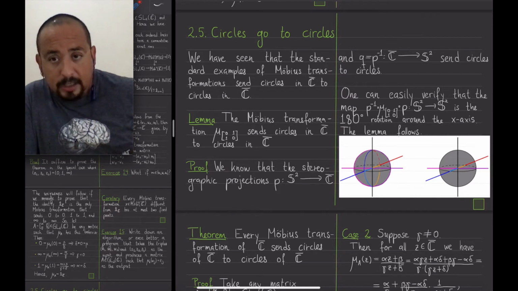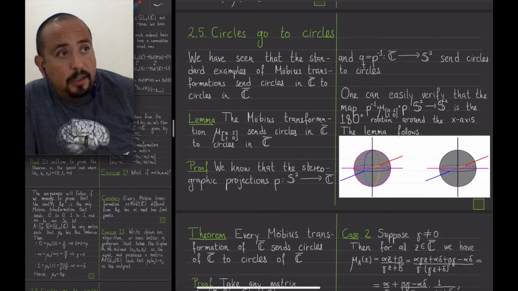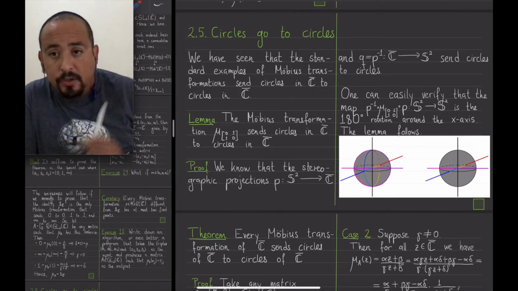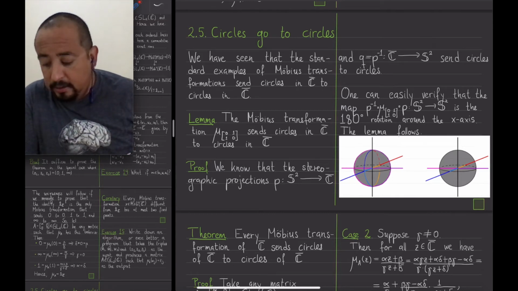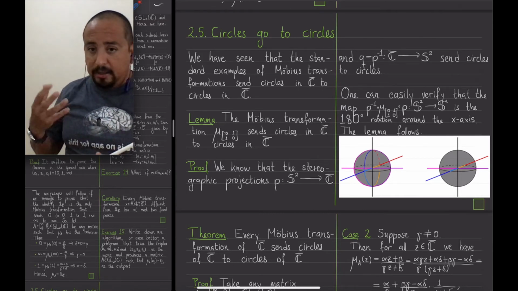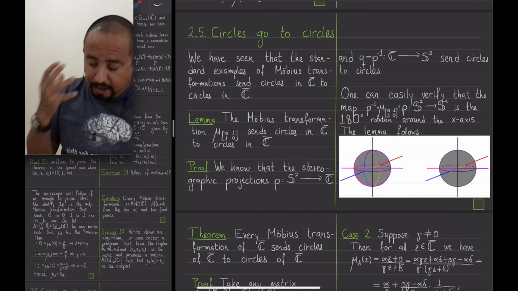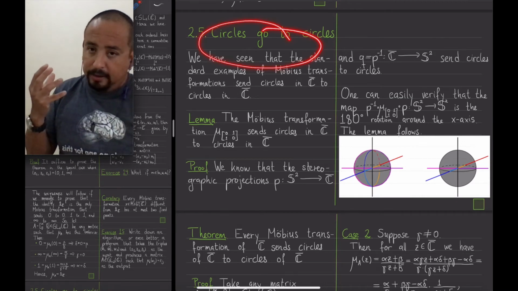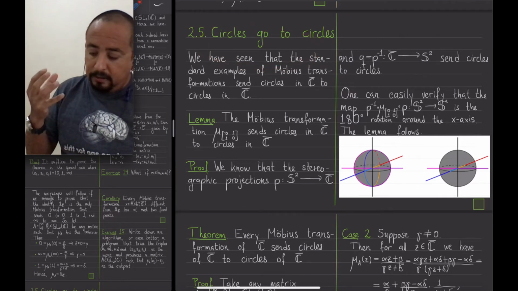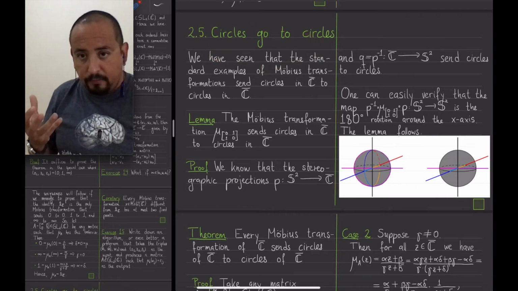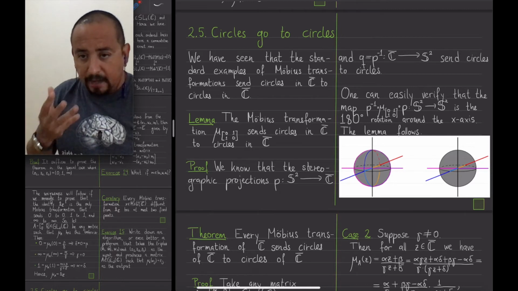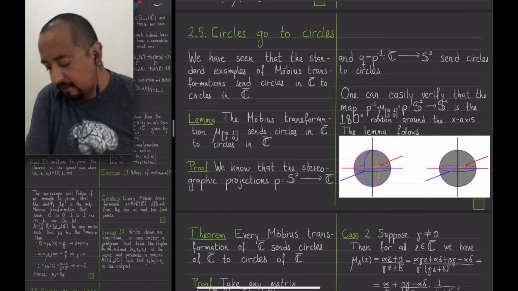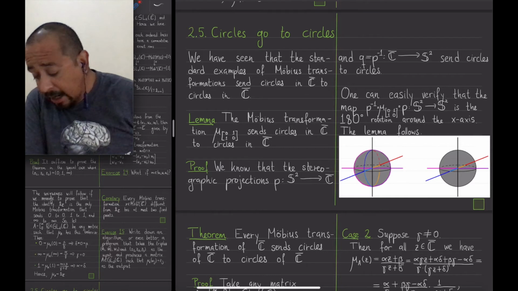It is a fun game that I think is very instructive to play, even if you reach nowhere, even if you don't get anywhere with it. But I think playing the game, trying to prove this, gives you a lot of intuition of what is true and what happens and what does not happen under Möbius transformations.